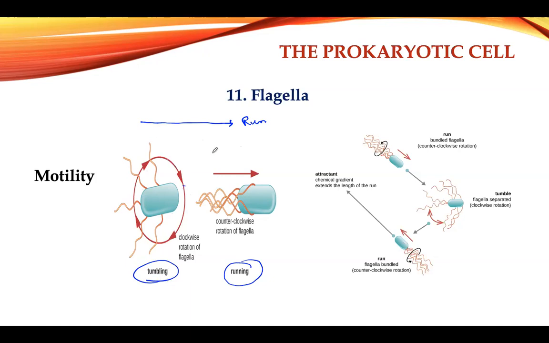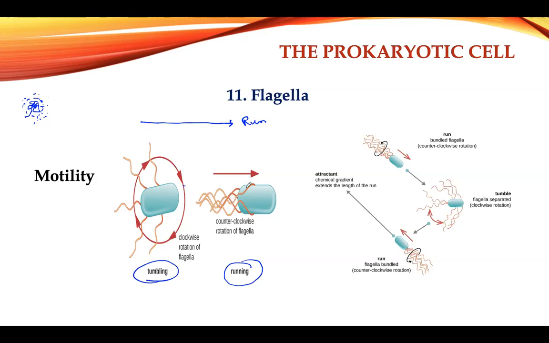So basically what happens, let's say over here you sprayed that bleach. Okay, so this is the area of the bleach on your workstation. So they need to move away from this area. So what they will do is run, and when they run, they move their flagella anti-clockwise.